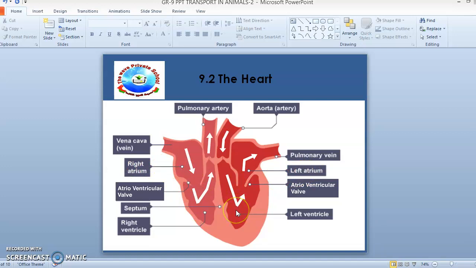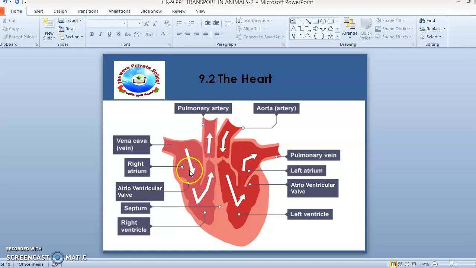Similarly, the lower 2 chambers are called ventricles, left ventricle and right ventricle. The chambers on the left hand side are completely separated from those on the right hand side by a septum. This is the septum, separating both chambers on the lower side.